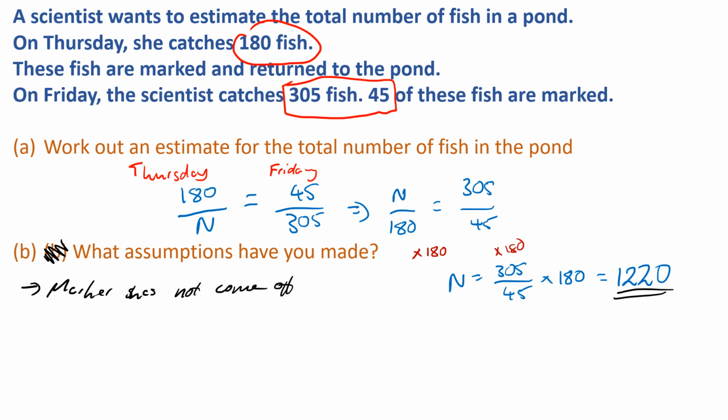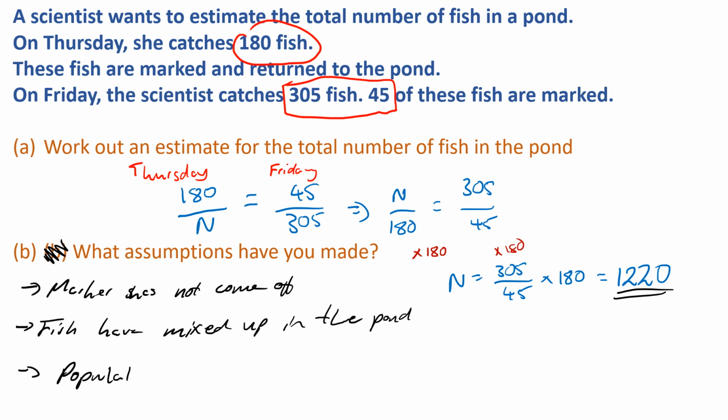Other assumptions: if the fish stay in the same area and haven't mixed up, then that's a problem. So we need to assume that the fish have mixed up in the pond. And maybe the more obvious ones are, in that time, we're hoping that none of the fish have died and none have been born. If the population's changed between these two times, that's a problem too.